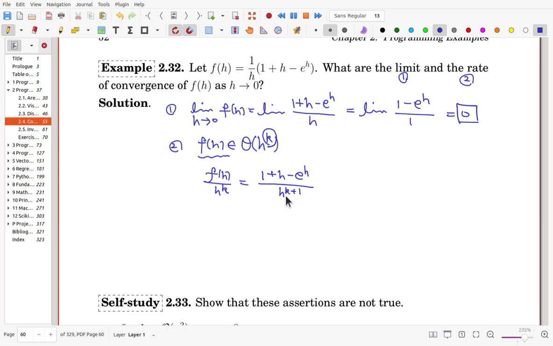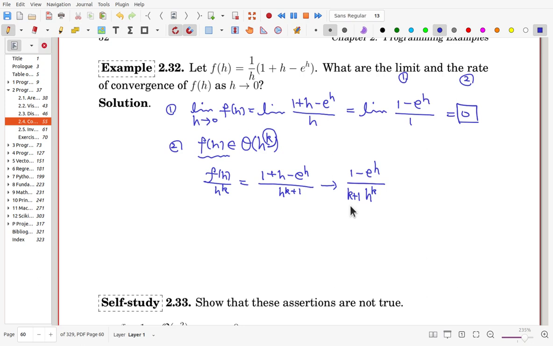Now k is a non-negative number, so once h approaches 0, then the top is approaching 0 and the bottom approaches 0. So once you apply the limit, then the limit will be the same as the ratio of their derivatives. The derivative of the top is 1 minus e to the h, and the derivative of the bottom is k plus 1 going out front, and h to the k here.